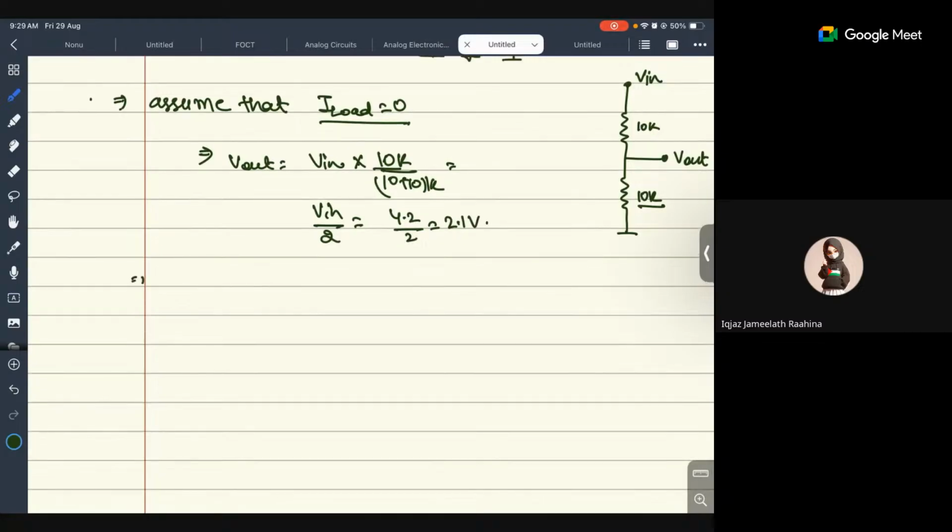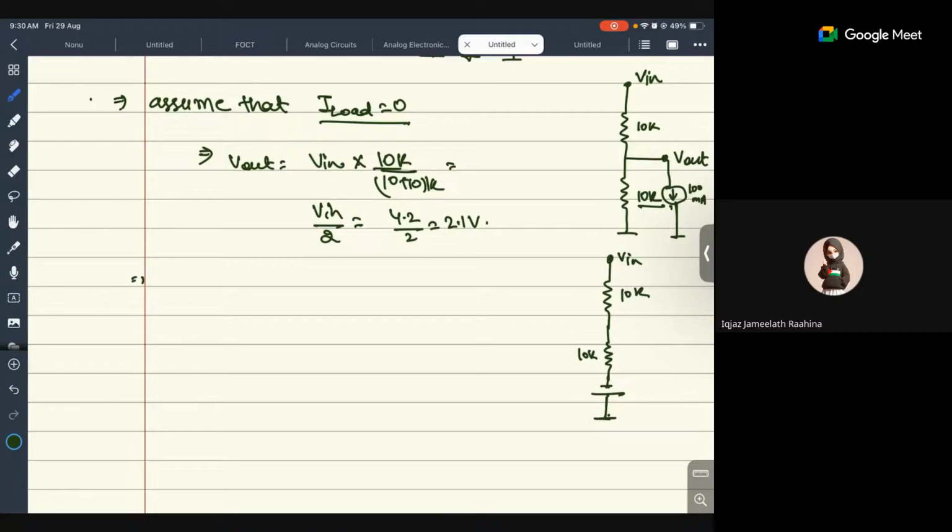Second case: the external current is 100 milliampere, connected with the 10K resistance. Can I convert this current source into a voltage source? So this is the V in with a resistor 10K, with a resistor 10K and one voltage source.